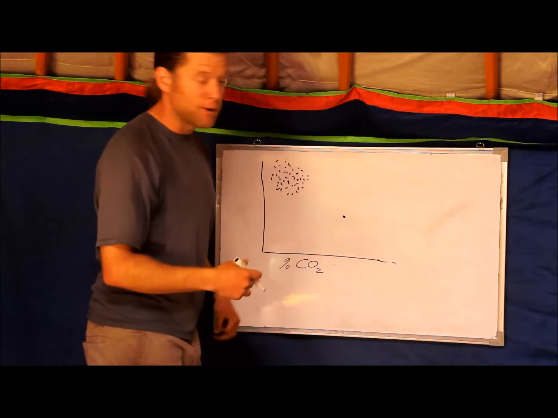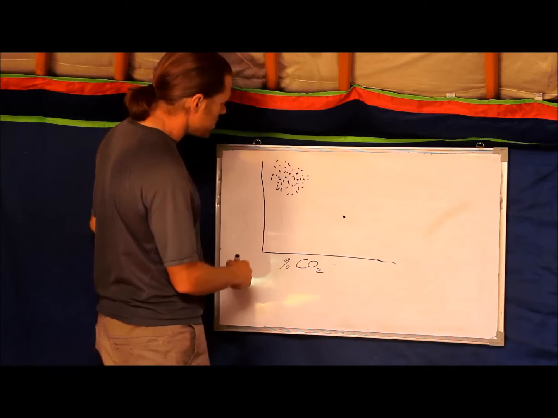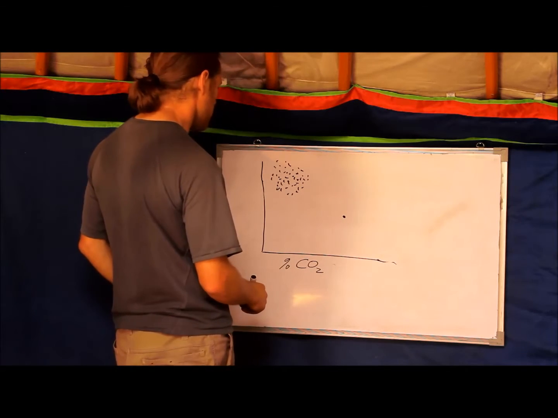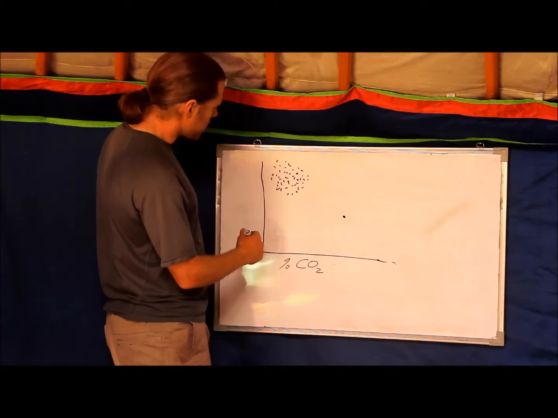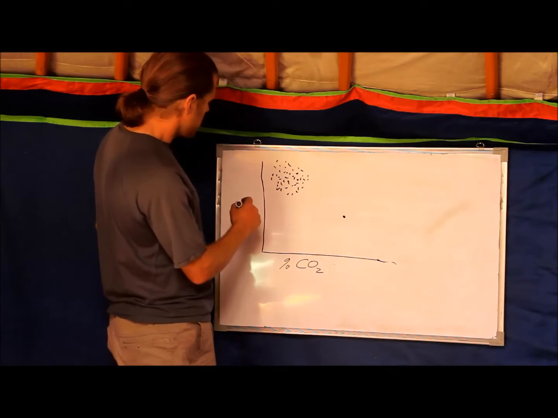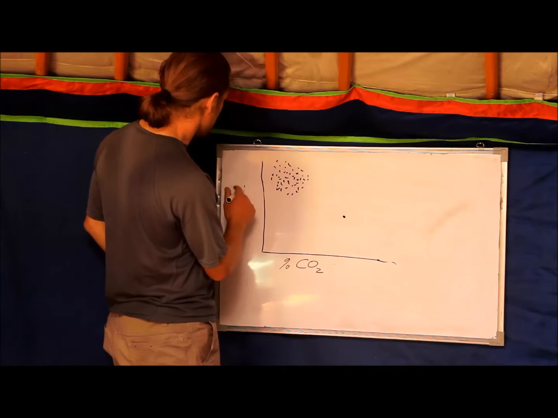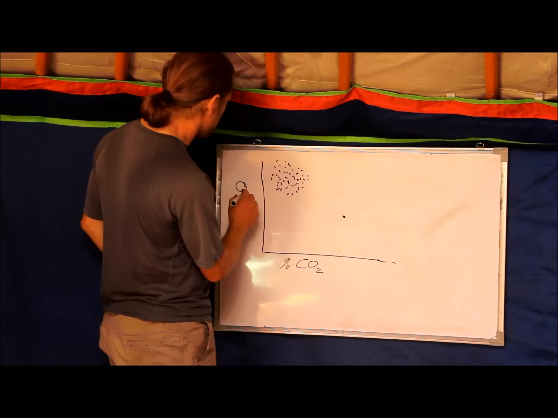Let's pretend that that's how you measure carbon dioxide in vulture blood. And on the y-axis, let's put oxygen in there. That'll probably have a negative relationship.